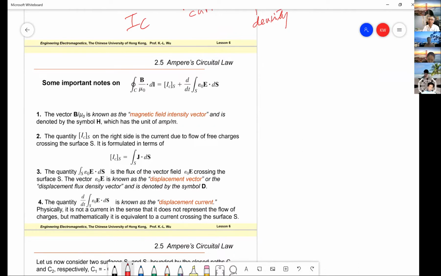So I'd like to make some notes. The first I already mentioned: this quantity I denote by the symbol H. The current on the right hand side is formed by free charge. That means this current and this current are completely independent.